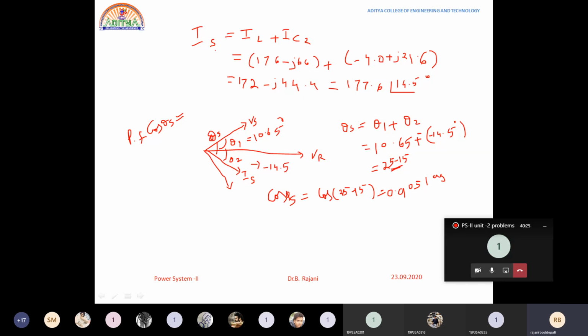Voltage angle is 10.65 minus of minus 14.5, so minus of minus gives you this much angle. So we can straight away put cos of 25.15. If you see it like this also, it doesn't make any difference. Okay, this is how you calculate the sending end power factor.